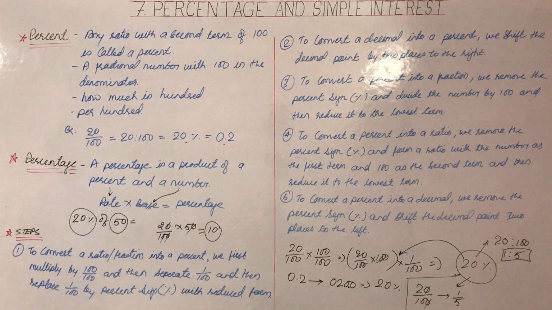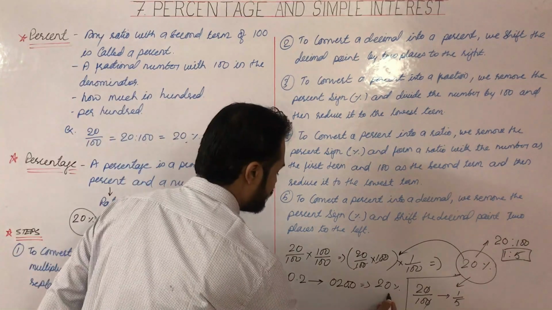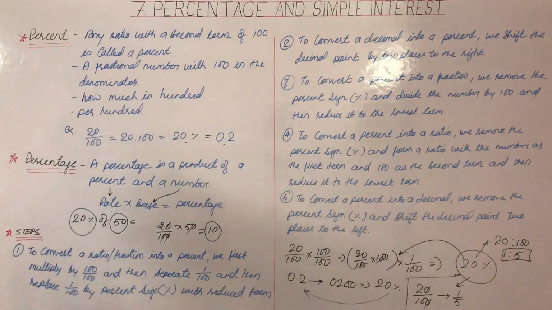Then last, to convert a percent into decimal, we remove the percent sign and shift the decimal point 2 places to the left. So now using these concepts, let's try to solve the first exercise of chapter 7, exercise 7.1.